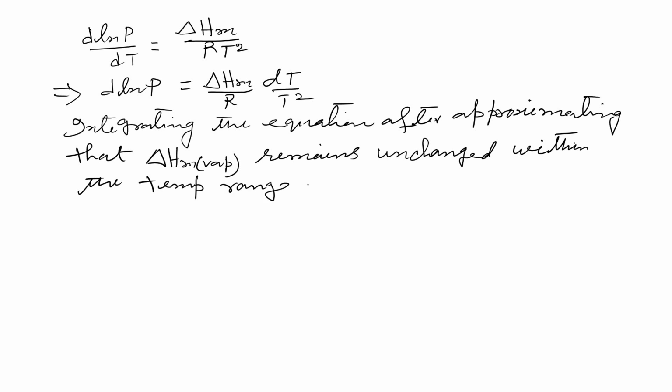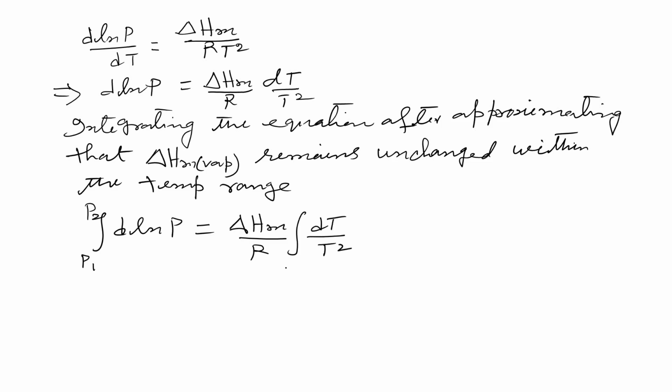This approximation I have taken so that delta Hm I can take outside of the integration sign. So what can I write? Now I can write integration of d ln P from P1 to P2 is equal to delta Hm by R, then integration of dT by T square, T1 to T2.